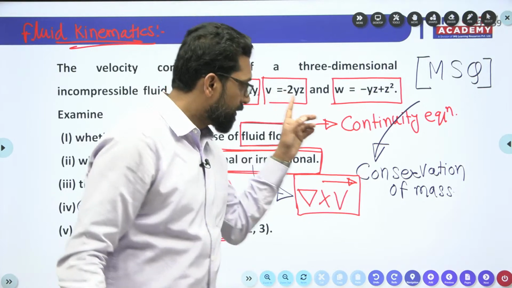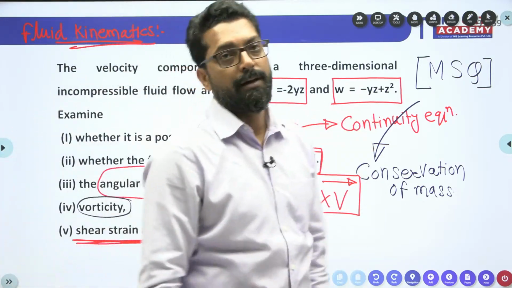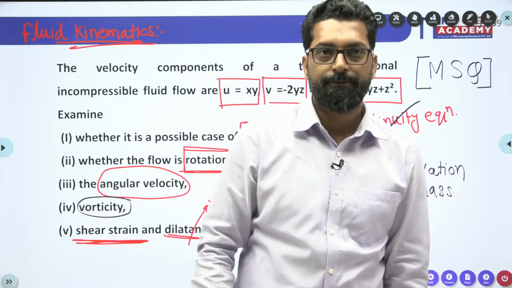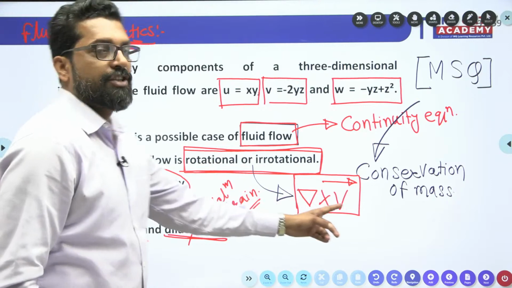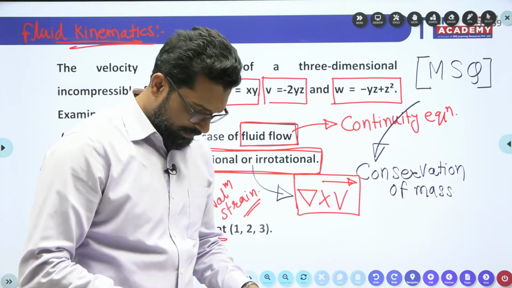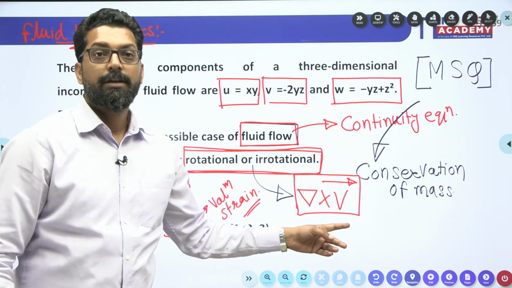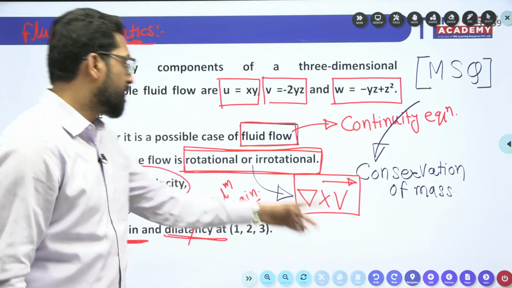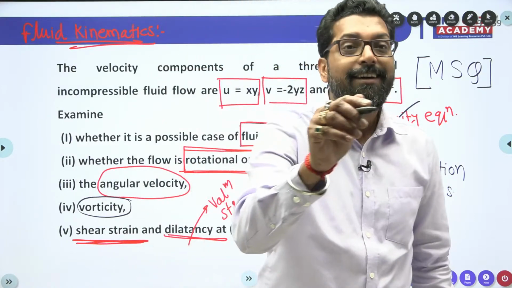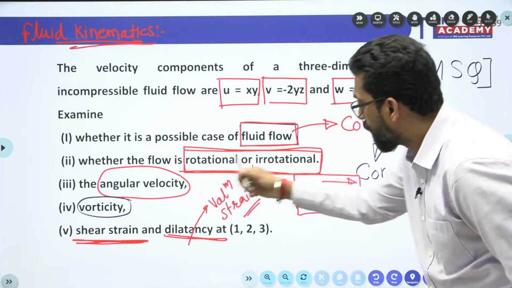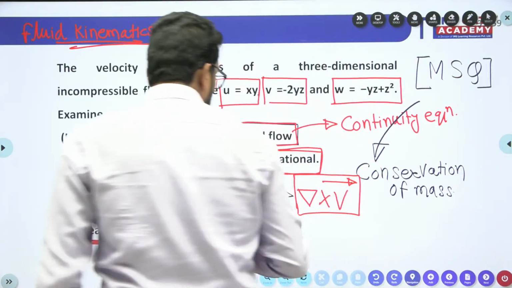I am saying that this is 0, so the flow is possible. That means the continuity equation is satisfied. Right? Whether the flow is rotational, just check its curl. And the curl is, I think, not 0. That means omega is there, the flow is rotational. Very important.